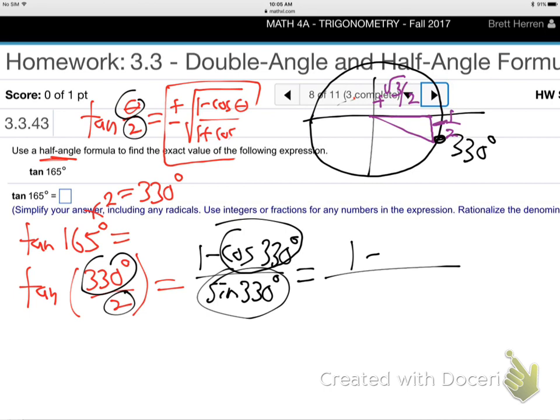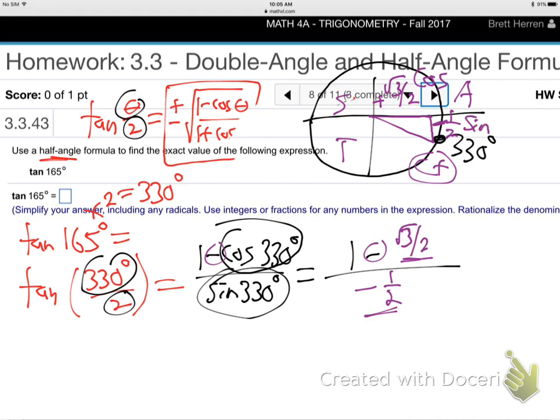Cosine is x, sine is y. So what is cosine? Root 3 over 2. Sine is minus a half. We know that also because of All Students Take Calculus: only cosine is positive in that quadrant, but sine is negative. Sure enough, sine is negative, cosine is positive. That minus sign came from the formula.